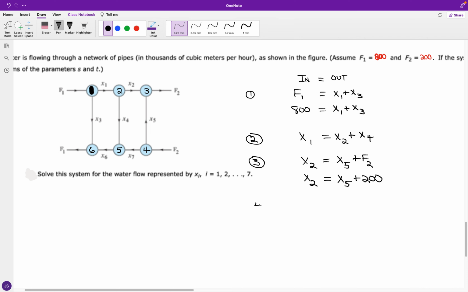And in the case of the fourth juncture, going in, you have f of 2, and going out, you have x of 5 as well as x of 7. Again, we have f of 2 at 200.